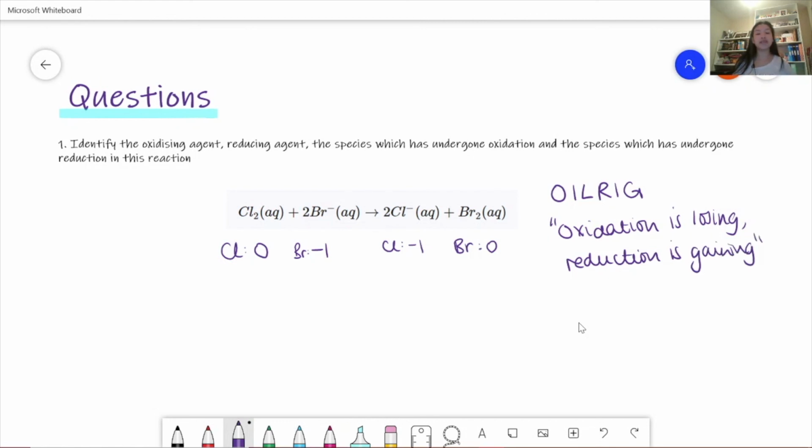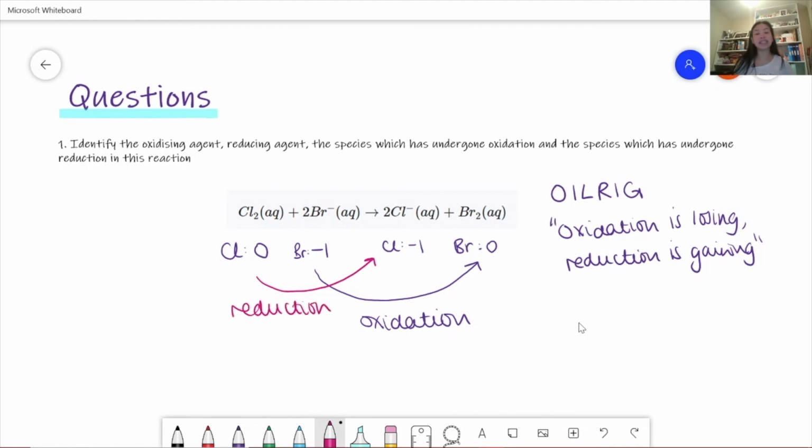And so oxidation means losing electrons, but it means that the oxidation number is going up. And so that means that this bromide ion is getting oxidized. So this is where oxidation occurs. And that means that the chlorine is getting reduced. So that's reduction.